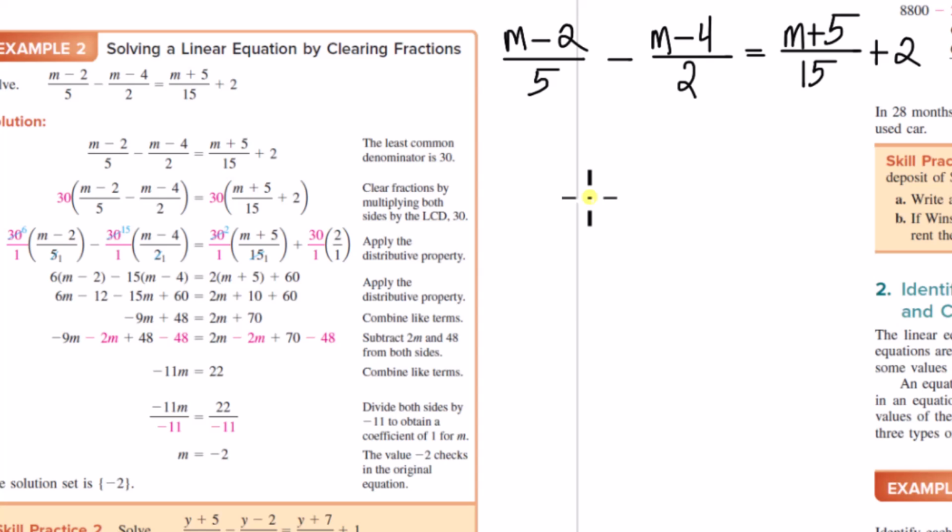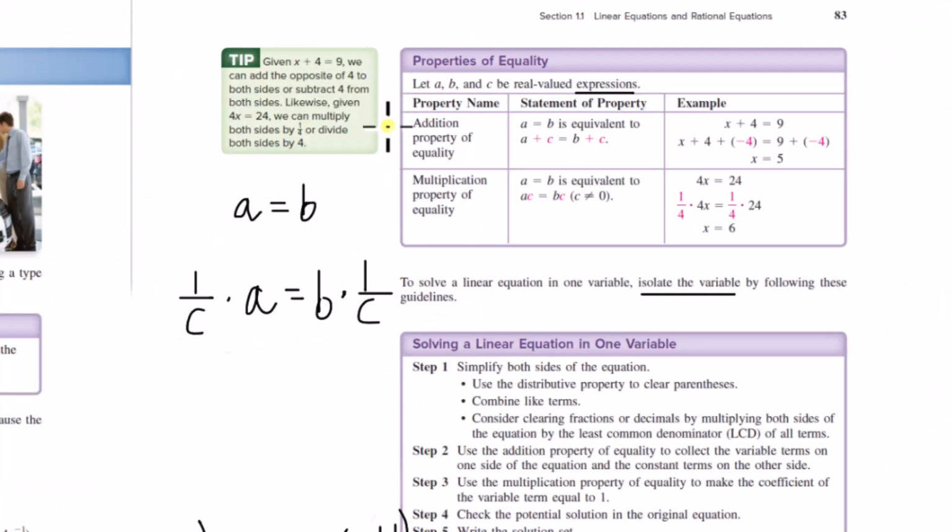No, not at all. There are going to be subtle nuances and some differences here and there, but it's all going to come down to using these properties of equality to get simpler and simpler equivalent equations until you can isolate the variable on one side with a coefficient of 1 and constants on the other side. It's that same idea for any type of equation.